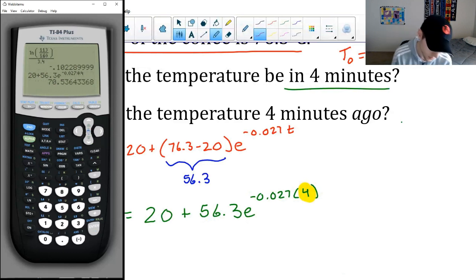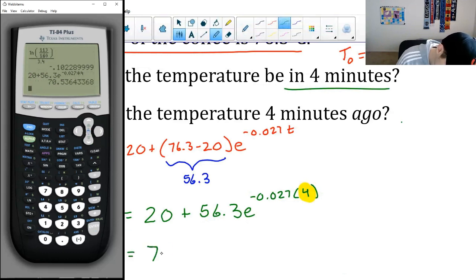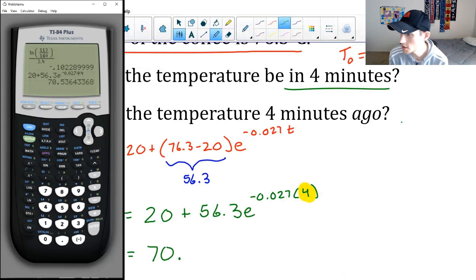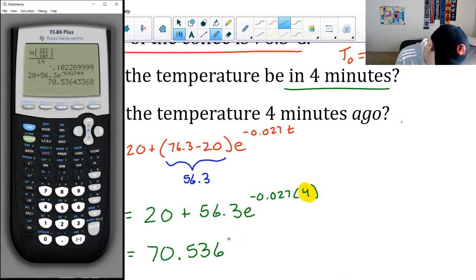My God, he was right. Well, sort of. Again, just as a general rule, let's keep it to 3 decimal places. So 70.536 degrees Celsius.